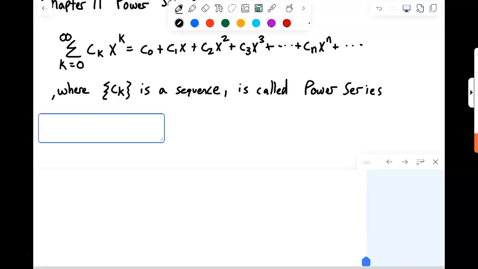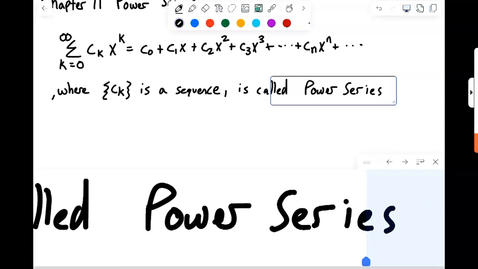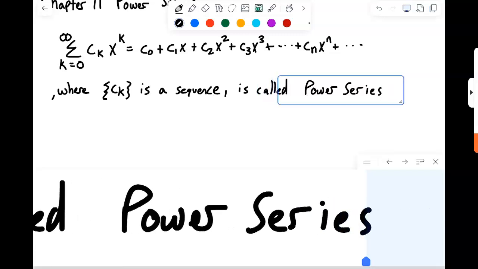These are polynomials that follow a certain pattern, and if we let that pattern go off to infinity, then we produce a power series. So in the first section, we're going to talk about polynomials, and the idea of expanding that to get on to infinity to produce a power series.